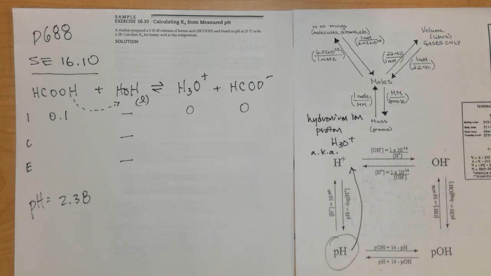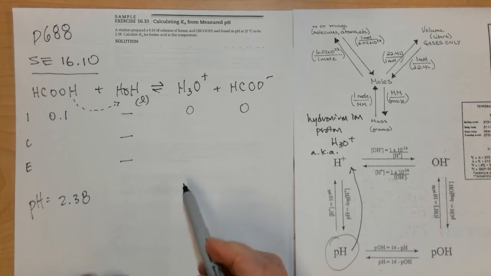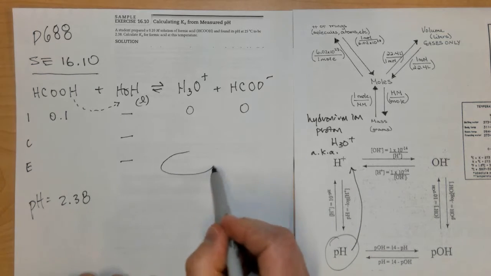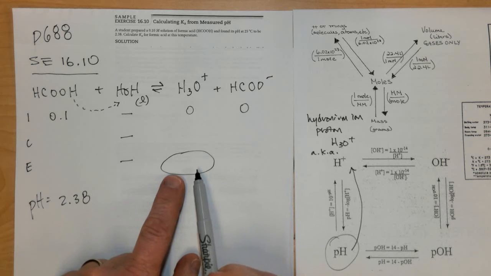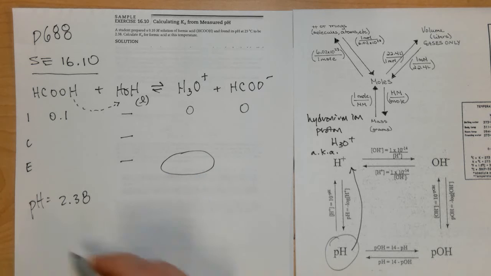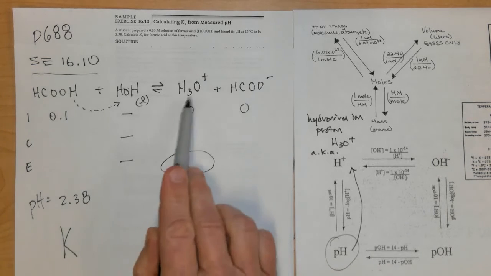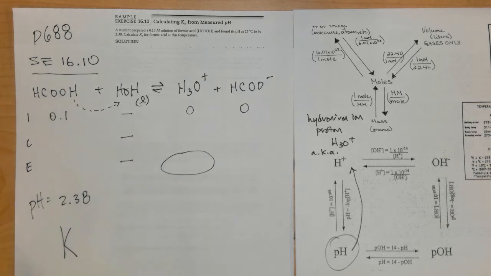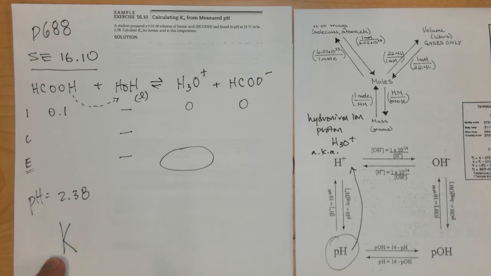It has like 4 or 5 different names and they all mean the same thing. Moving from one to the other would allow me to find the equilibrium amount right here of H3O+. And to find the K, I need products divided by reactants to the power of the coefficients at equilibrium, because it's the equilibrium constant, so I need the values at equilibrium.